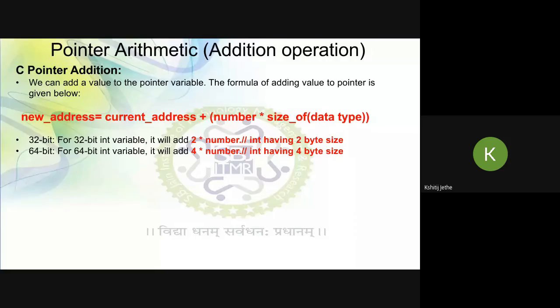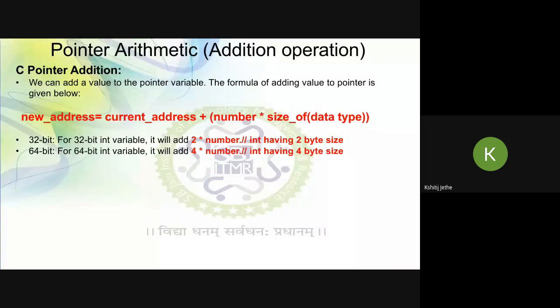Now, from that example, we are able to understand how the pointer behaves. If we increase the value of any pointer, it will depend on the data type. If it is an integer, it will jump by 4 bytes. If it's a character, it will jump by 1 byte.